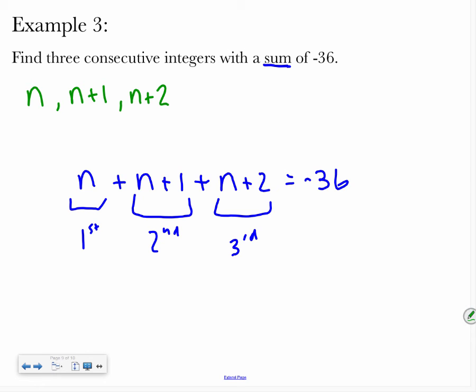Okay, so if I look at this, let's combine some like terms. We have 1, 2, 3 n's. So I say 3n plus, and then we have 1 plus 2. So that's 3 equals negative 36.